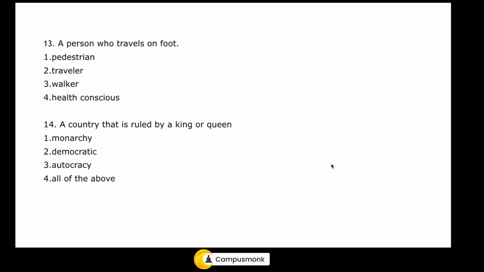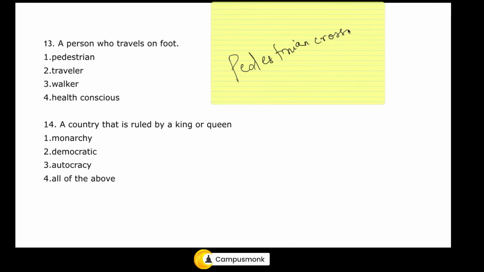Alright. So it says a person who travels on foot. This is very simple, okay? Have you seen zebra crossings at the traffic signals? It's written pedestrian crossing. What does this pedestrian crossing mean? Who crosses that pedestrian crossing? Human beings. How? By walking, okay?